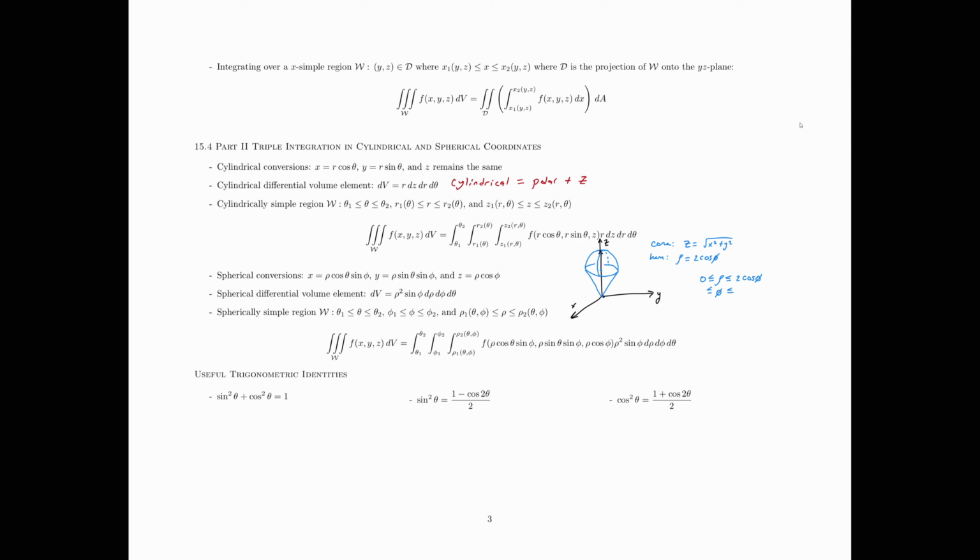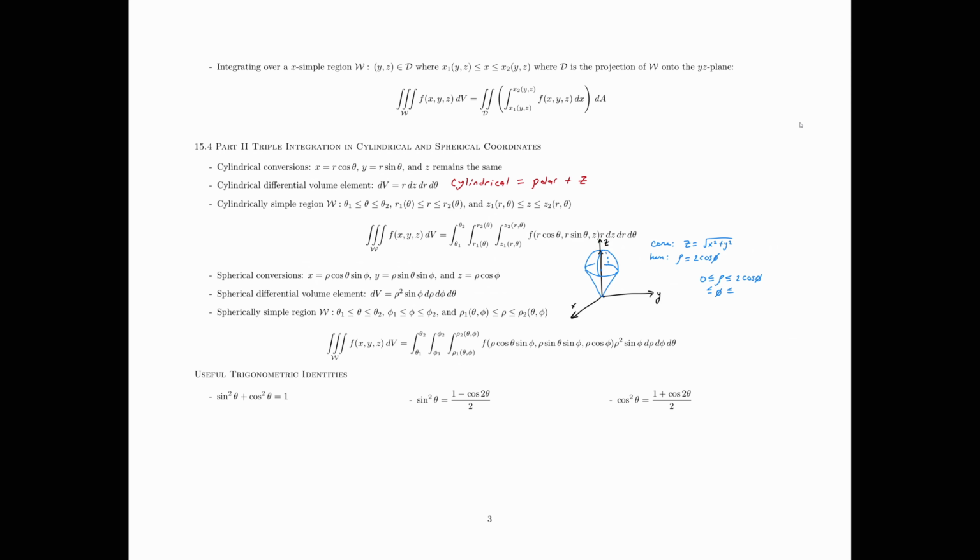So if we sketch this in the YZ plane, we get basically this shape here. Now phi is the angle measured from the positive z-axis. So this angle here, that's what phi is. Down here, that's an angle phi. Up here, that's another phi. Phi is the deflection from the positive z-axis downward.